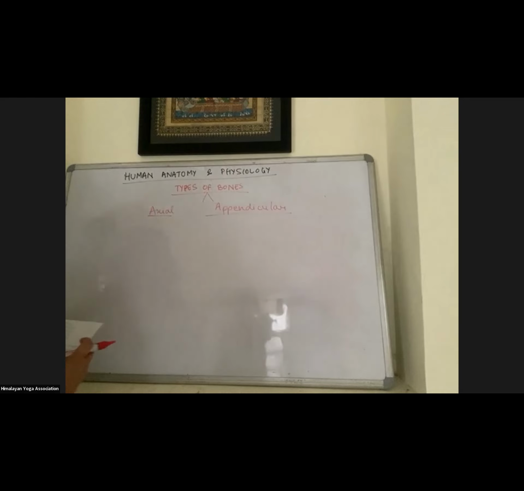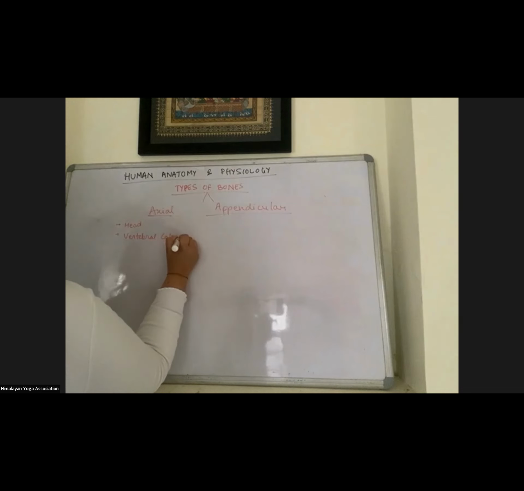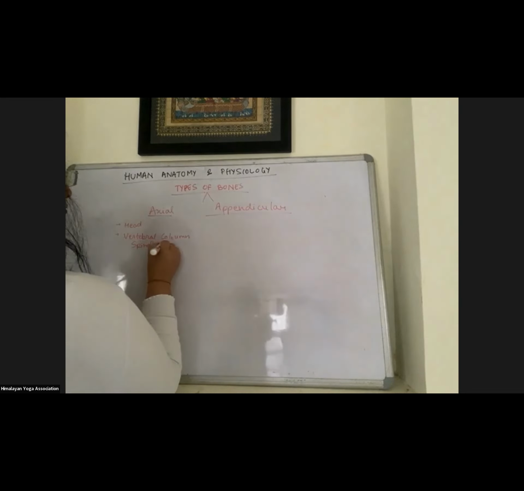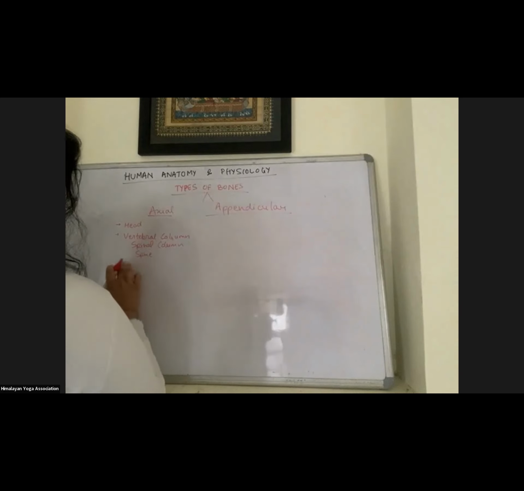So this axial has the head region, the vertebral column or spine, and then it has the thoracic cage.